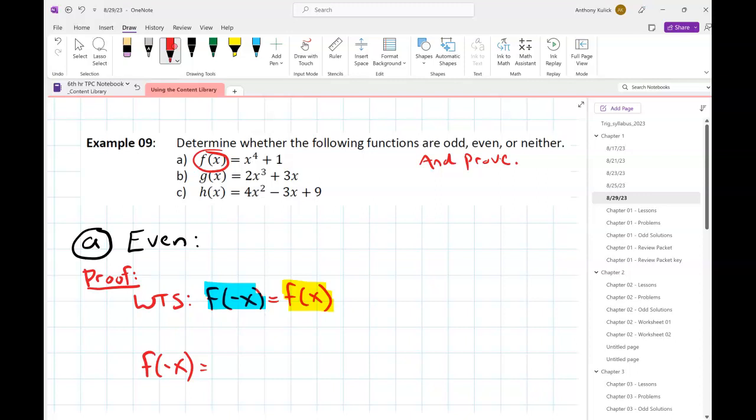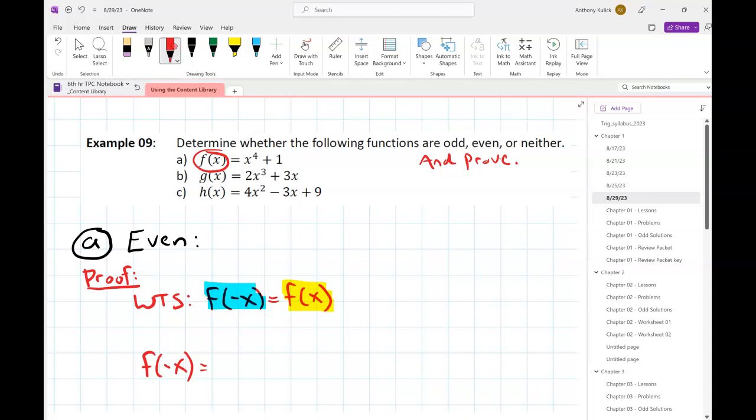So we're going to start with f of negative x. What does it mean, or what should I do when I have like f of negative x? What is that telling me to do? It doesn't mean to make x negative. Close.